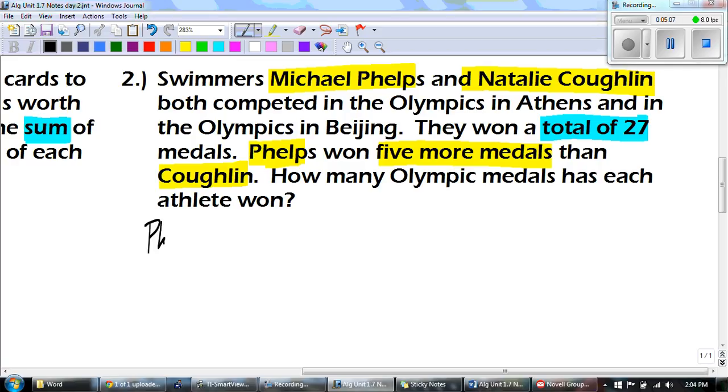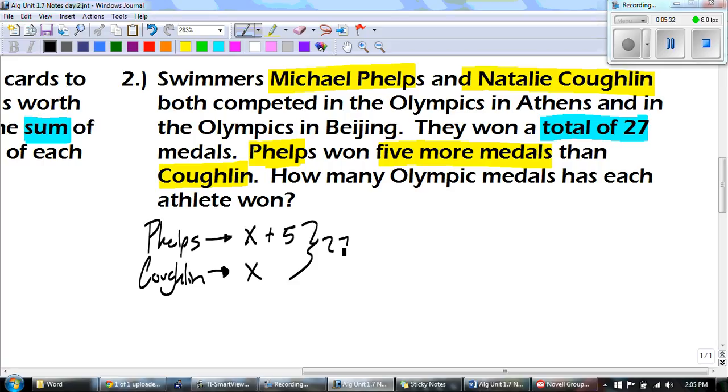So the two people we're talking about are Phelps and Coughlin. They told me something about Phelps, but they didn't say anything about Coughlin, so she's the x. Now Phelps is 5 more than her. So more than, we need to switch the order. x plus 5. And together, they are 27. So I would write x plus 5, that's Phelps, plus x, Natalie, equals 27.